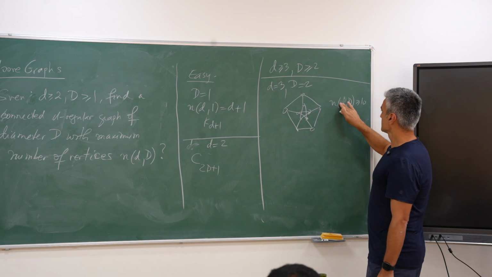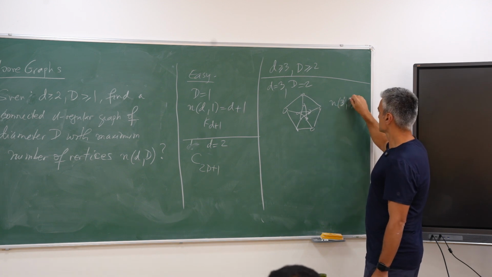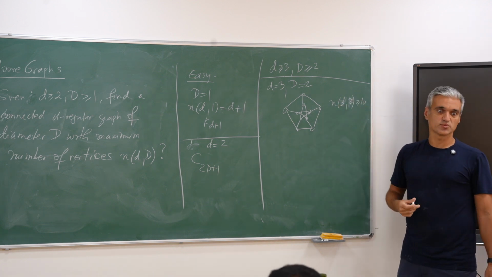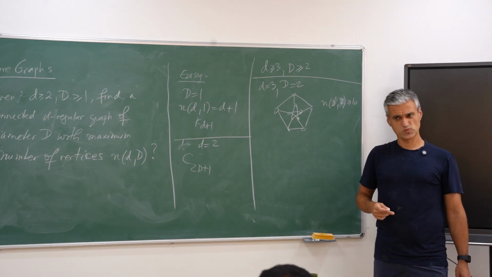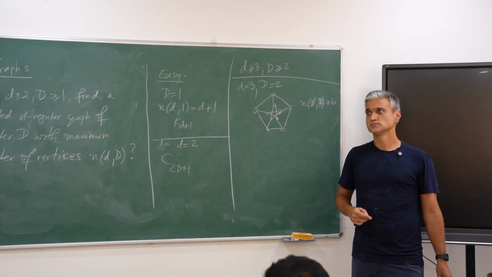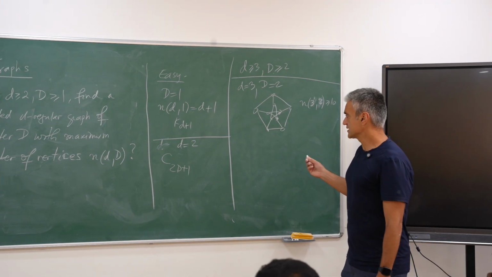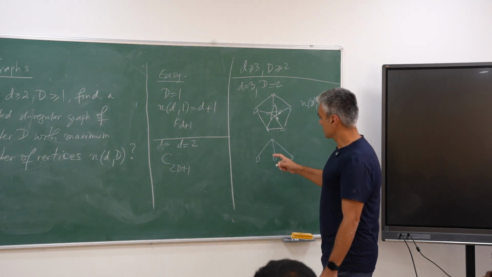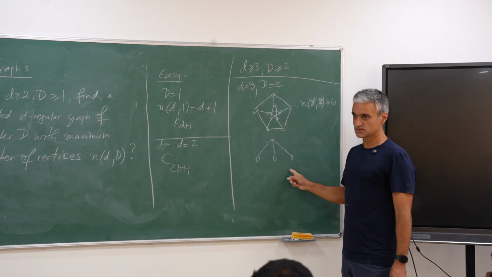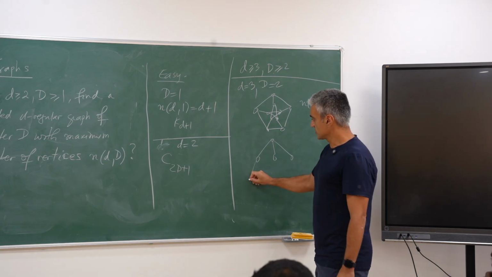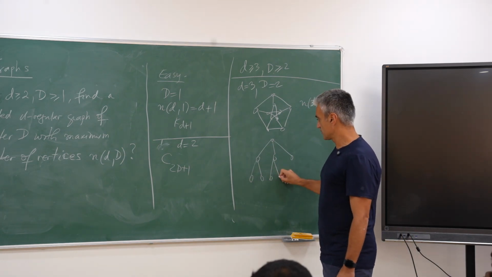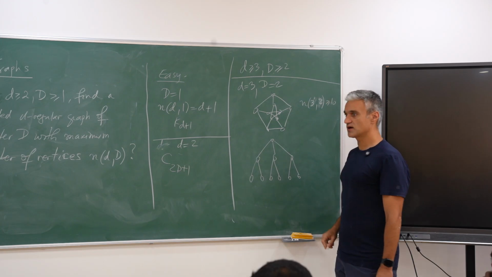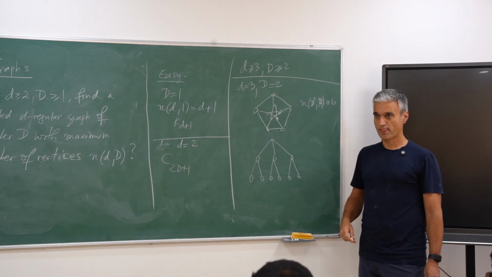And for 3, 2, is it actually 10? Can you make anything bigger? Well, I have a vertex. What's the biggest I can do? I can take a vertex, I have 3 neighbors. Each of these, because it's 3-regular, could have 2 more vertices here.